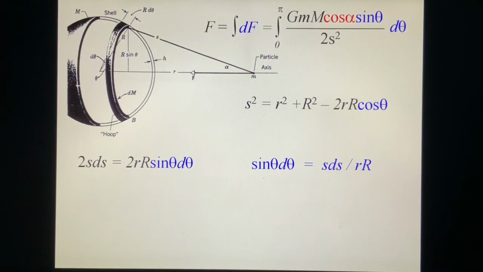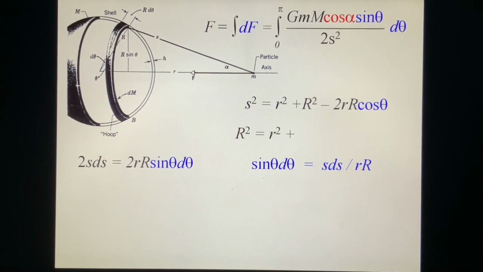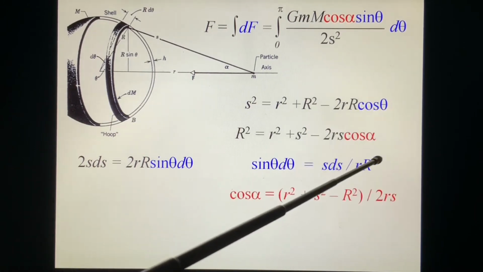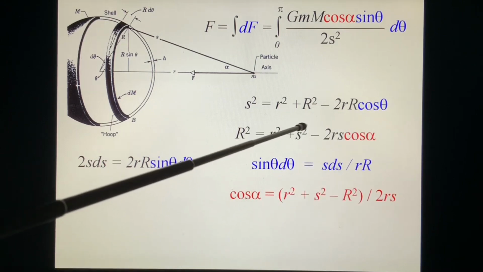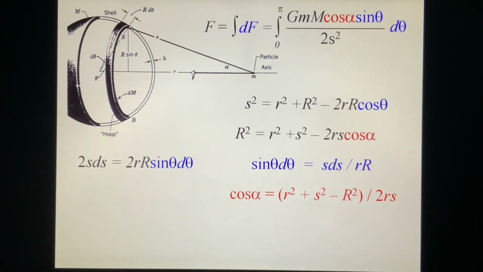Now look at cosine alpha. We have the same triangle. Another cosine law: R squared equals s squared plus r squared minus 2sr cosine alpha. So cosine alpha equals (r squared plus s squared minus R squared) over 2rs.